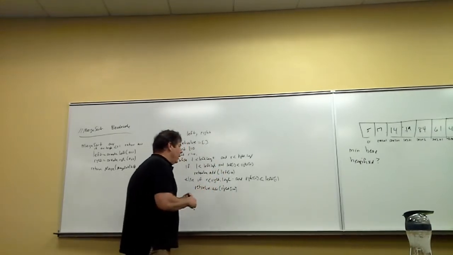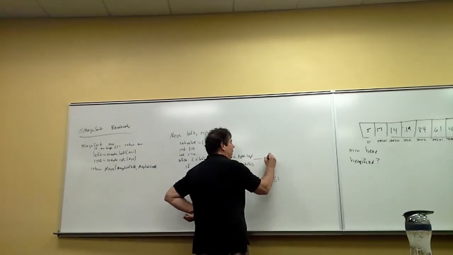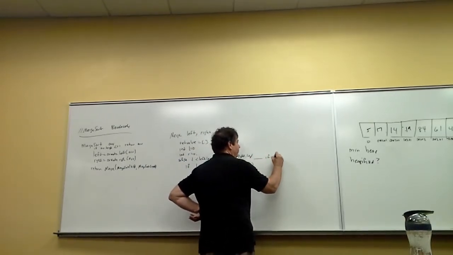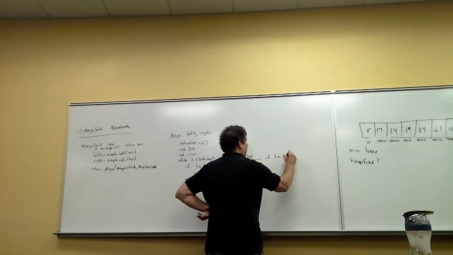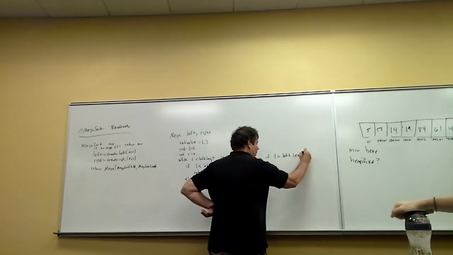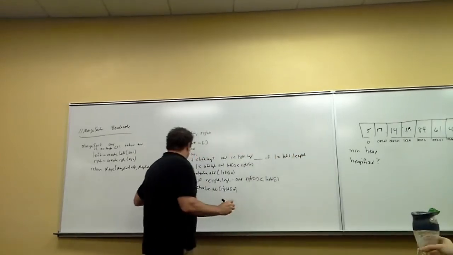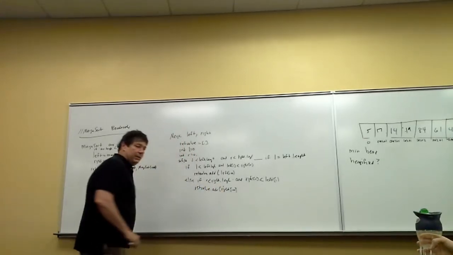No. I mean, you might be right, but we really need to put stuff here. If L equals left.length, then we're going to, oh, I see what you're saying. Let me do it like this.